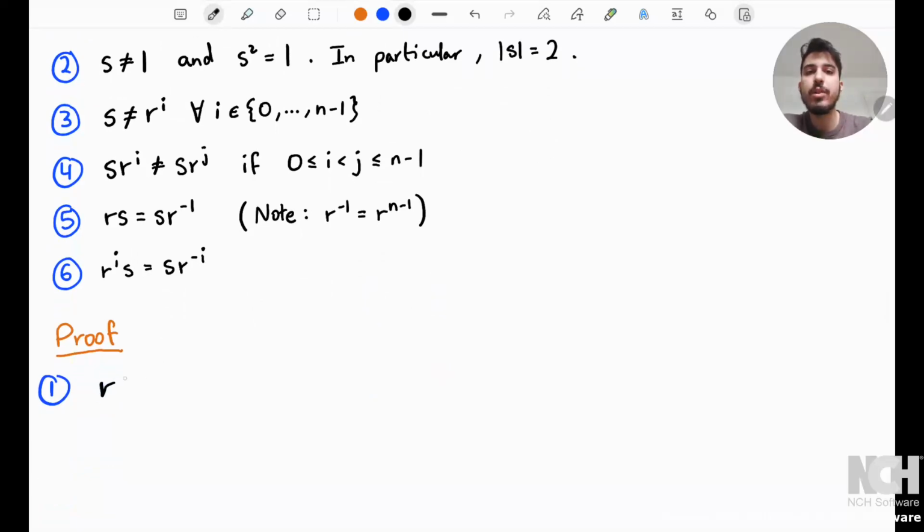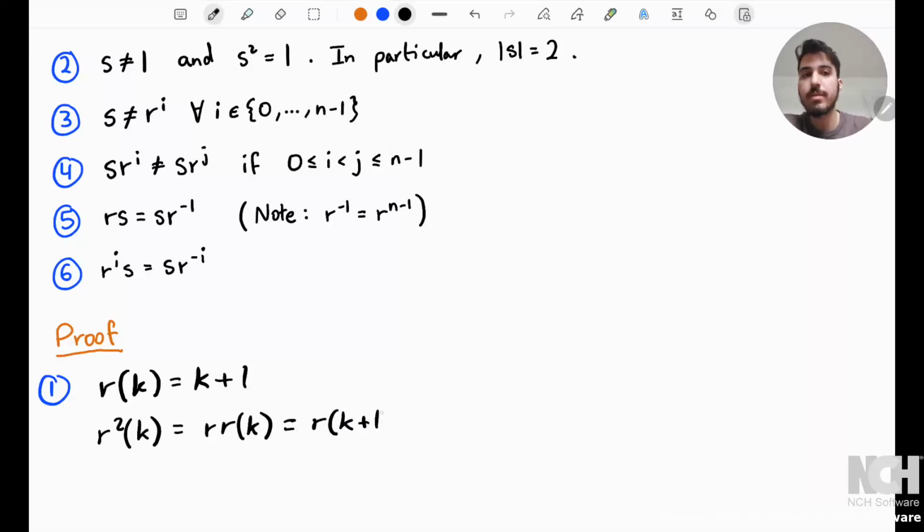We know that the action of r on a vertex k gives back the position k plus 1. What about r squared? If we apply the rotation twice, what would we get? Well, that would be r of r of k, so the rotation is applied on the rotation of k, which is r of k plus 1, which is k plus 2.